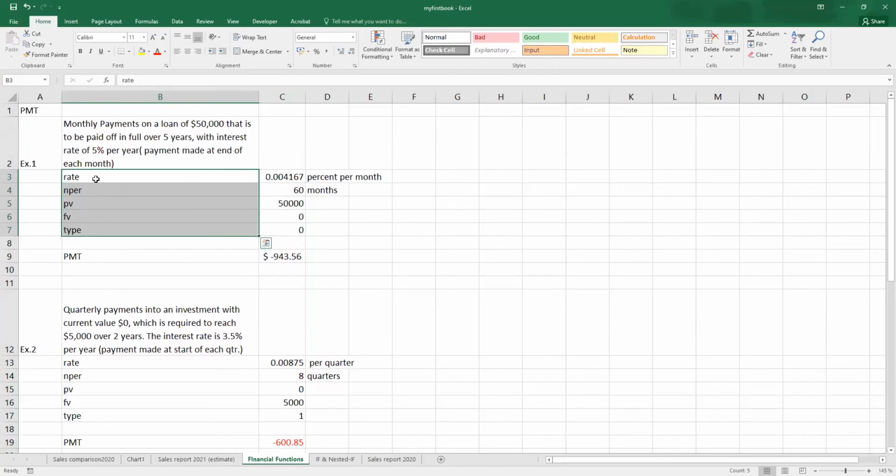Rate is the interest rate, nper is the number of periods, PV is the present value, or the amount of money that you have at the beginning of the contractual period, while FV is the future value, that means for the last period of the contract how much you still owe, in case of payment for a loan, or how much money you receive from your investment. Type, as I mentioned earlier, is the time that you pay the money, at the beginning or at the end of the period.